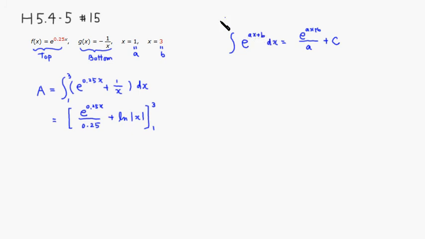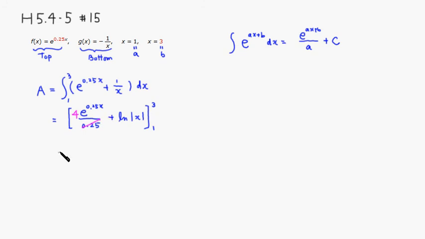So let's go back here. Dividing by 0.25, which is equivalent to 1/4, is equivalent to multiplying by 4. So I'm just going to write it as multiplying by 4. Then we can plug in.